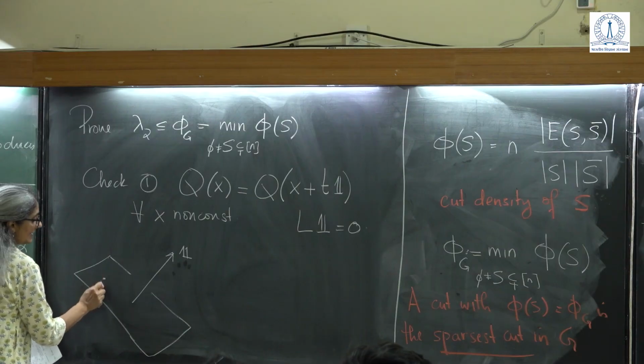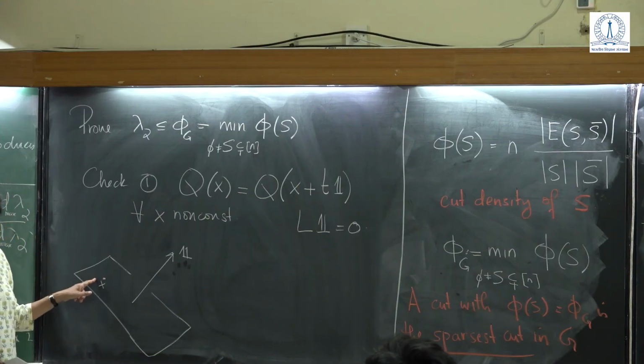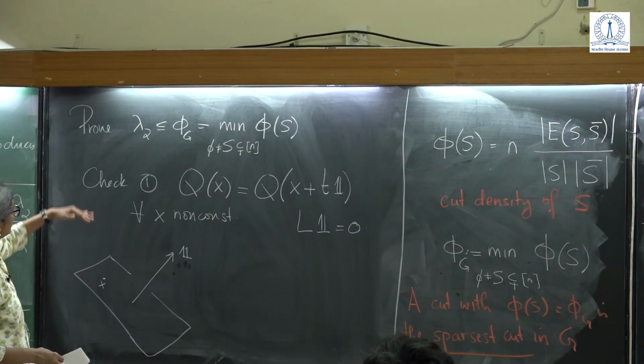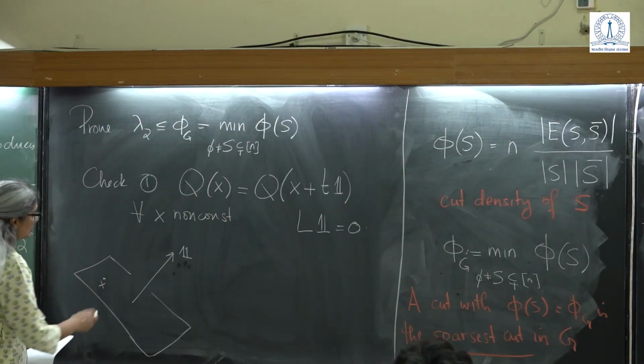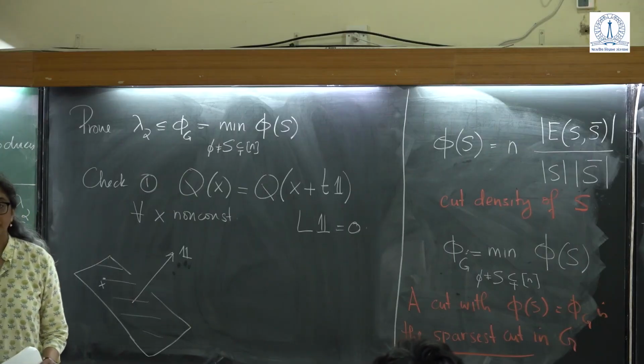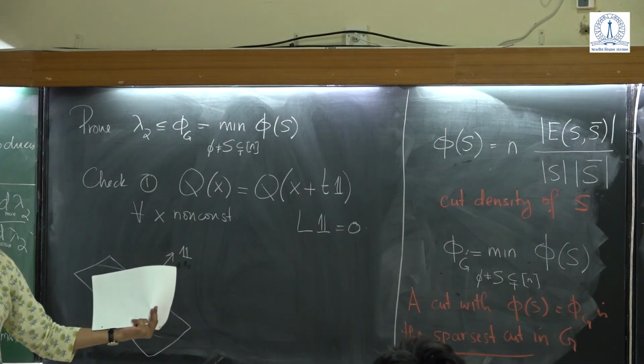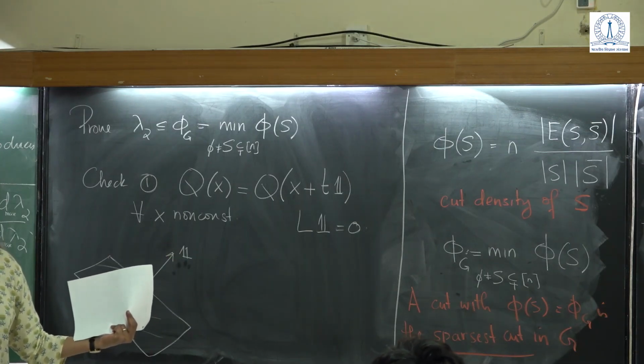If I take an x like this that's in the complement, then that's non-constant, right? It's not a multiple of 1, it has pluses and minuses in it. And so we can restrict the domain of the qx to this orthogonal complement. Do you agree?